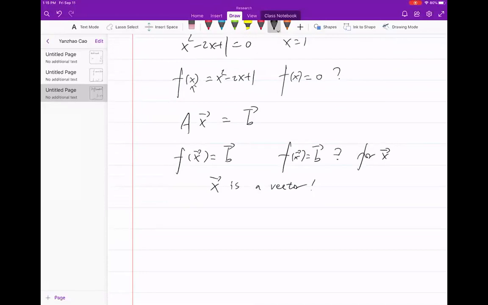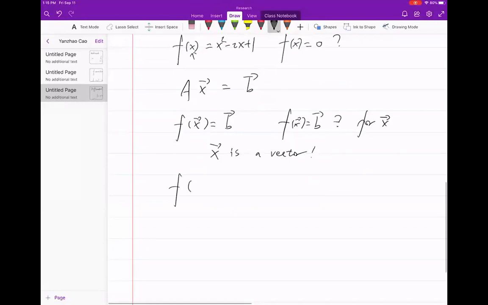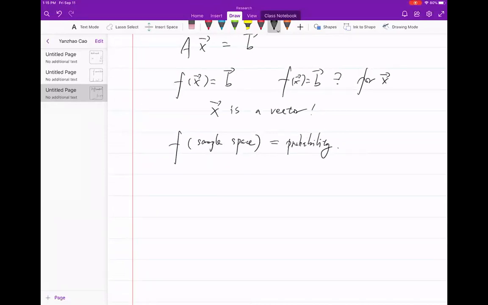Good so far? Now, of course, you wonder what else can I throw in and make a function? Can I throw a shape in? For example, I can throw in a sample space. Then suddenly I get some number that is called a probability. That's everything you need for probability theory and statistics. So finally, what do you want to throw in?